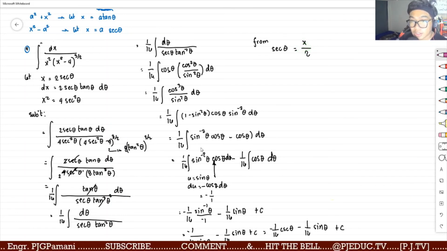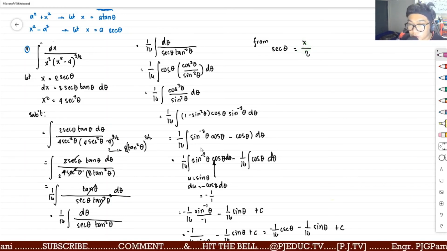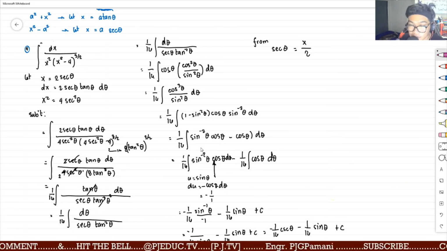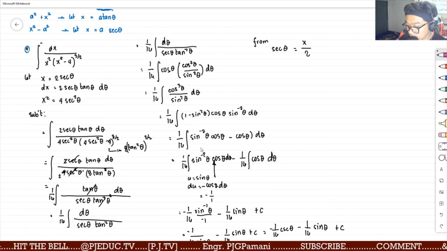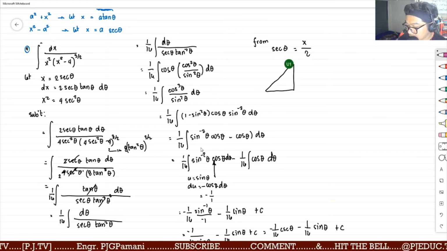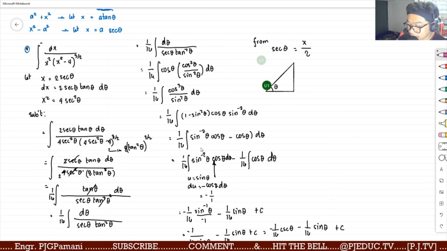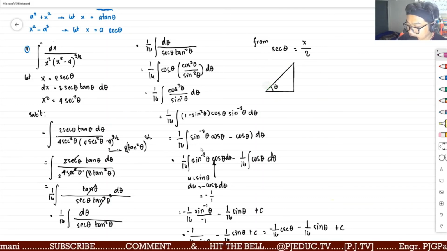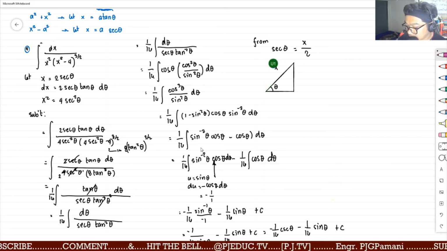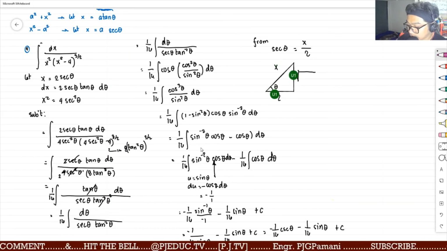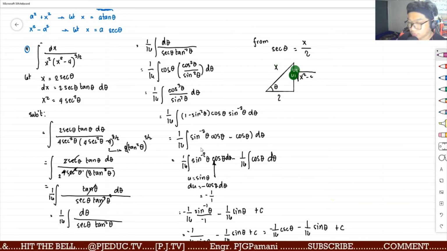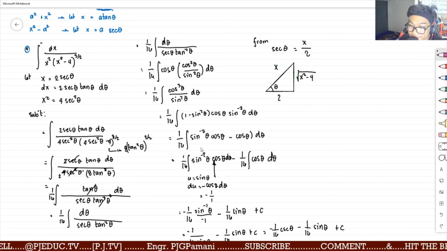Yung secant natin kanina, x is simply equal to 2 secant theta, or it's the same as secant theta is equal to x over 2. On our triangle, Pythagorean mo na naman, theta, that is what? Hypotenuse over adjacent. Square root of x squared minus 4. Right? Right.